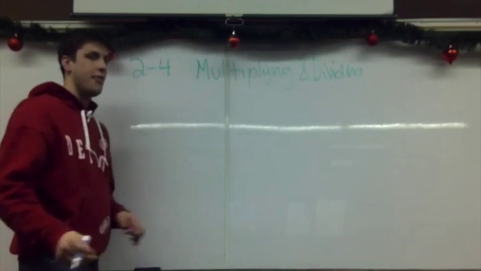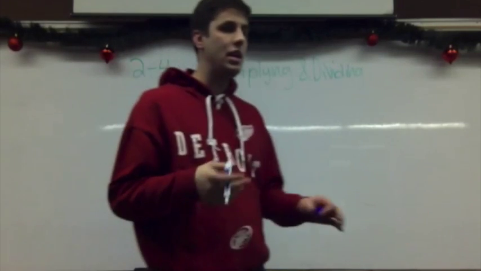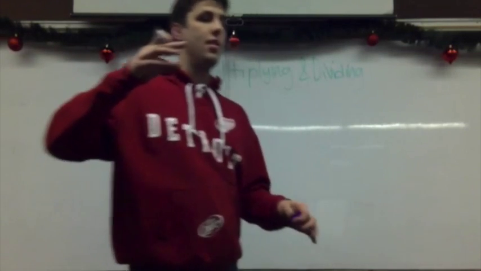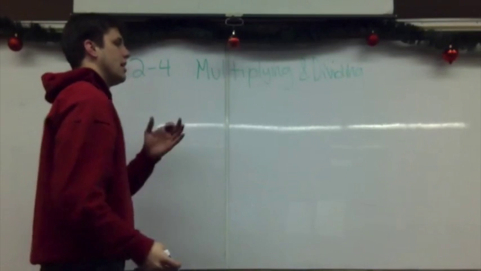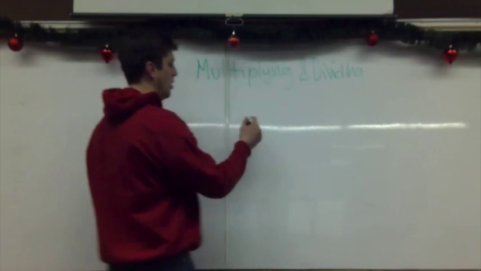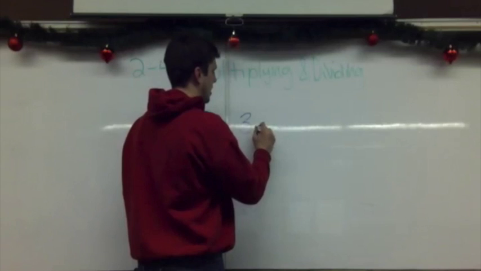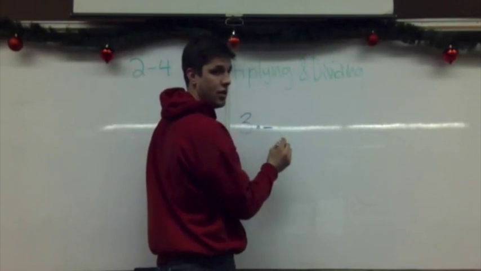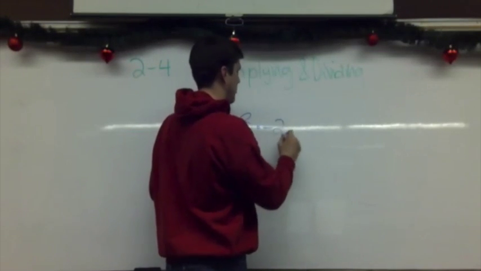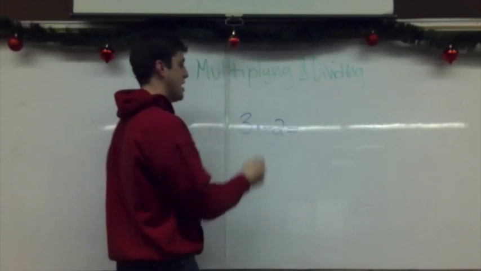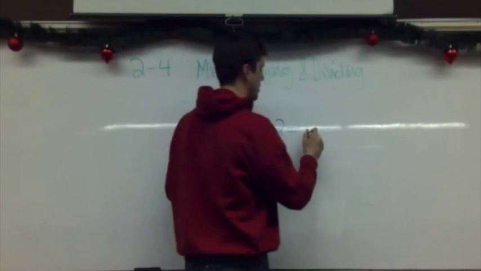However, if you don't have 2 negatives, then it doesn't cancel out. So 3 times -2 is going to be a negative number because there's only one negative.